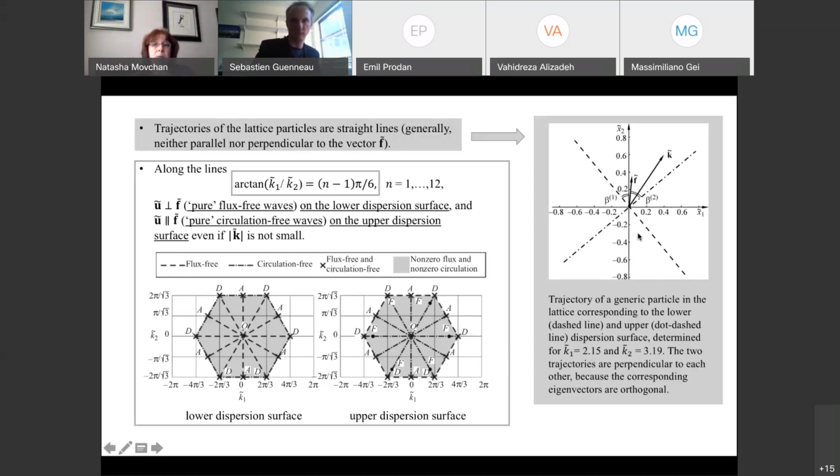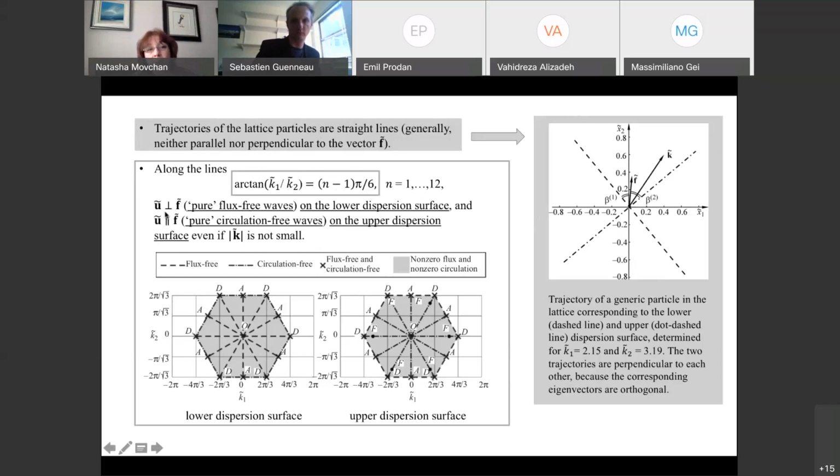Now, the interesting thing which comes from exploiting the notion of lattice flux and lattice circulation is that if we look at the description of waves in the k1, k2 plane, and look at some specific lines, described here, 12 of those, on these lines we will have specific orientations of the displacement vector u and the vector f.